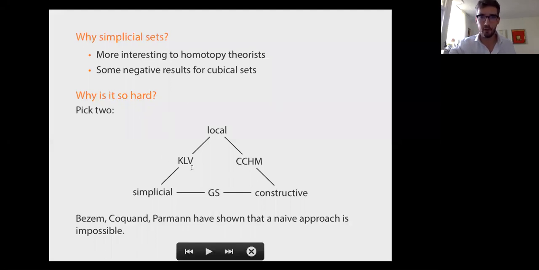The first model by Kapulkin, Lumsdaine and Voevodsky is this edge. The cubical world is this edge. And this is the work by Gambino and Sattler, where some of the advances in cubical sets have actually been translated back to simplicial sets. But to get all three corners of the triangle, something new must be done, and that's what the counter model has shown: you have to come up with a new approach.